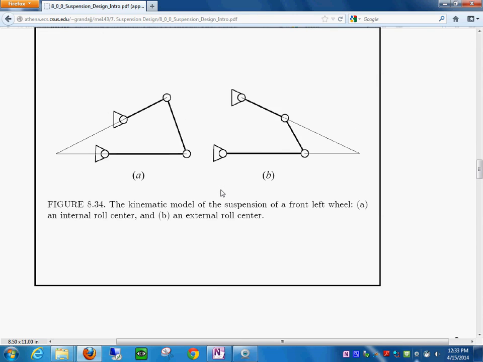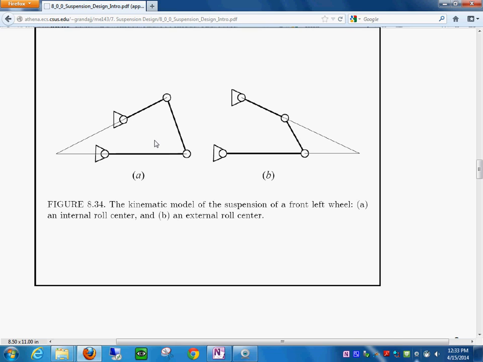This one here, if you look at this, they don't look extremely different except that the centers and the length of the linkages are a little different.